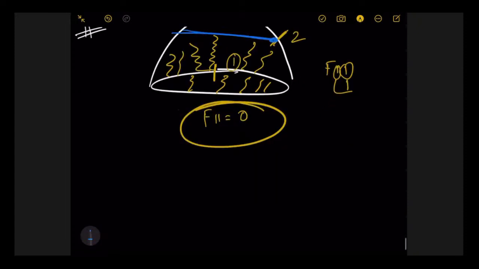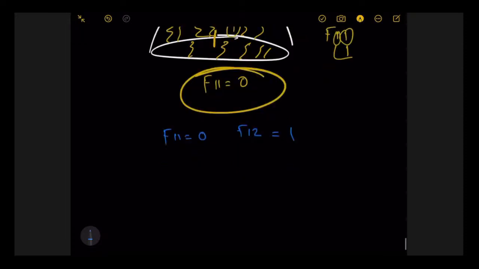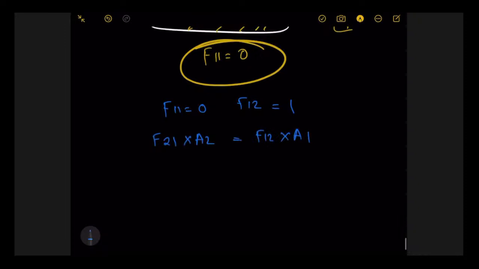So we know that F11 is 0, then F12, energy from object 1 going towards 2 is 100%, so it is 1. Now you can use F21 into A2 is equal to F12 into A1. So F21 into 2 pi r square is equal to 1 into pi r square. So F21 is equal to 1 by 2.